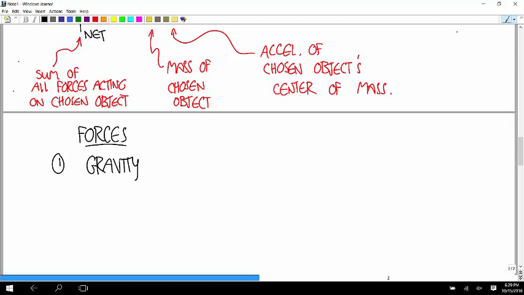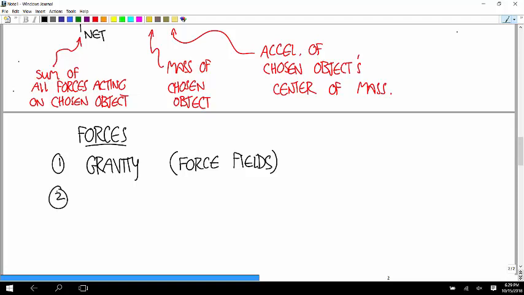Really, the weight force is a subset of force fields. So gravitational force is a force field. There are some other types of force fields like electric fields, magnetic fields. We're not going to talk about any other ones except gravity. But if you think of those as one category, then that's the first type of force we'll deal with.